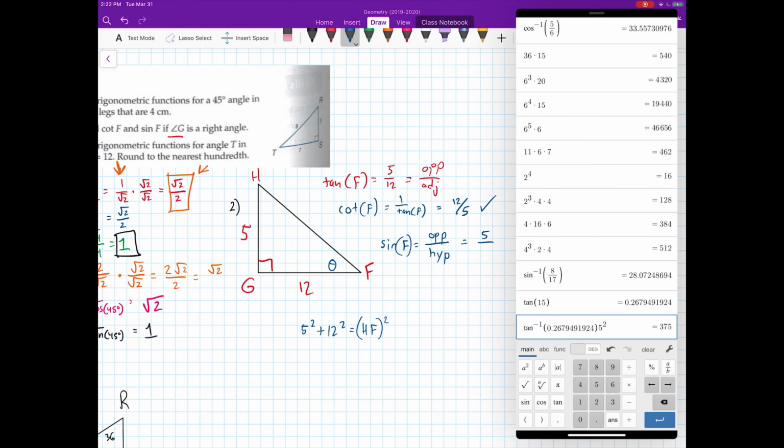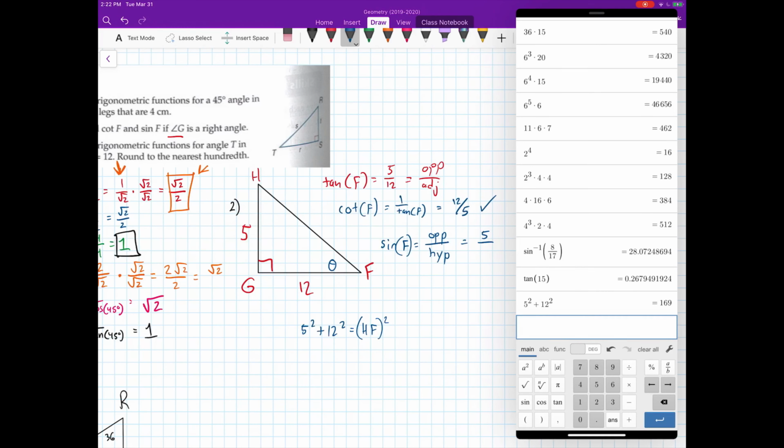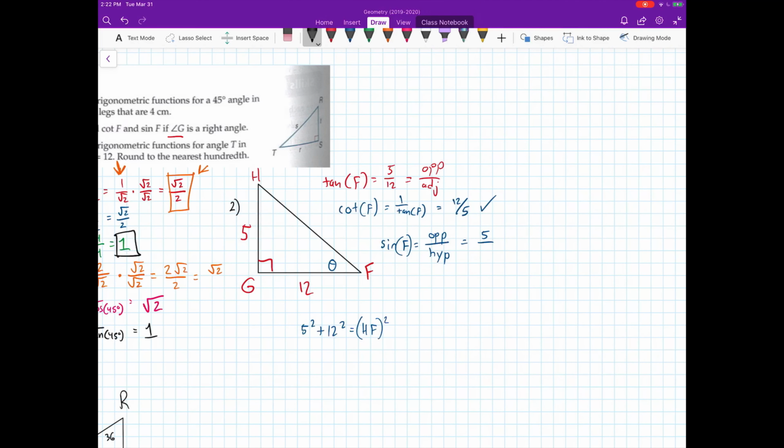Hit enter, and then take the square root of that number, 169, and we get 13. So HF is equal to 13.